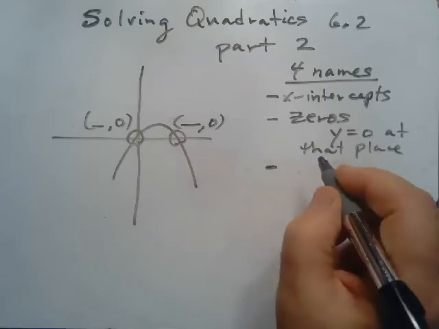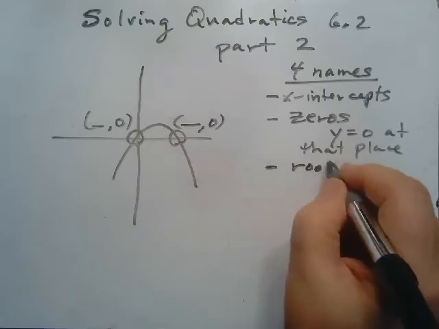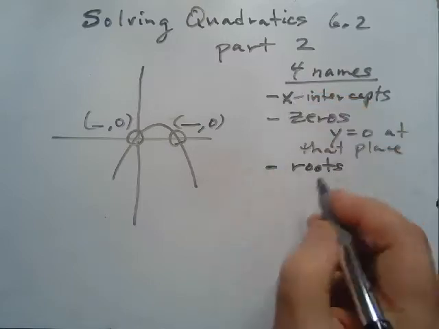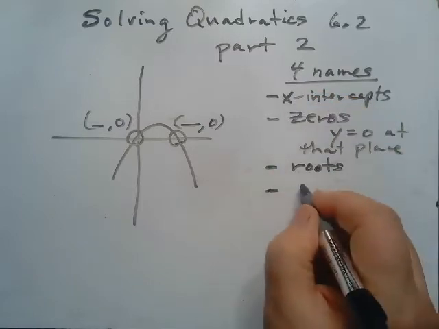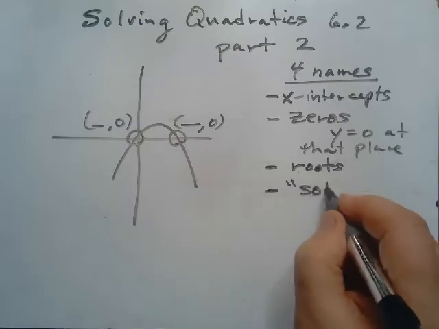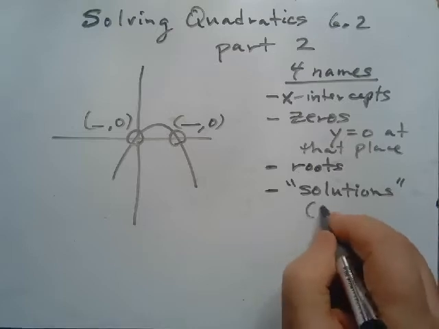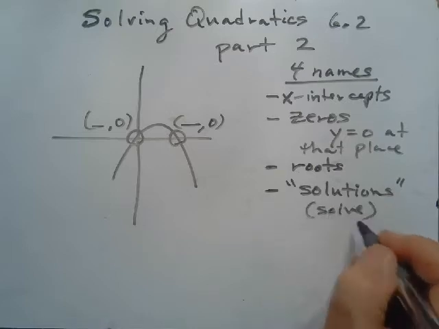They could also be called roots, and the reason why we talk about them as roots I'll share with you later. And finally, they're called solutions. So when they ask you to solve an equation, they're asking for these 2 points.